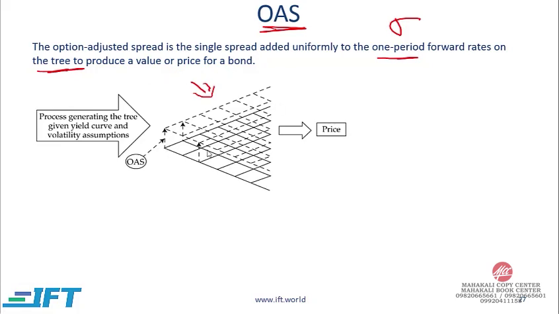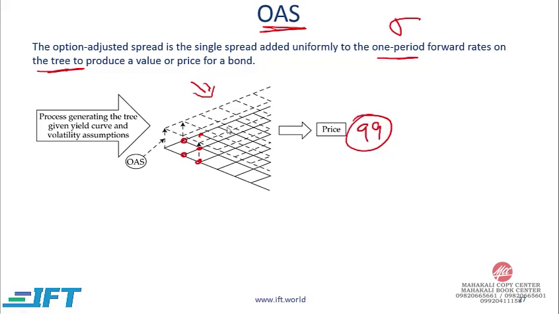This is the interest rate tree that we've talked about earlier, to produce a value or price for a bond. These solid lines and then these particular nodes depict the interest rate tree based on risk-free bonds. So let's say that these are based on US government securities. Now we have a risky bond, and let's say that the price of a risky bond is $99 per $100 par value.